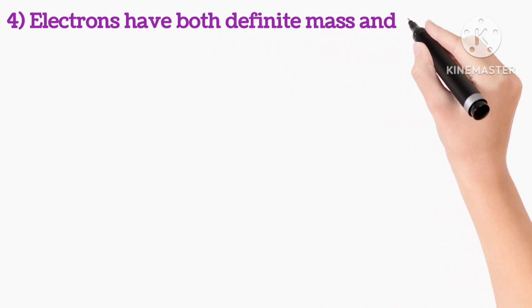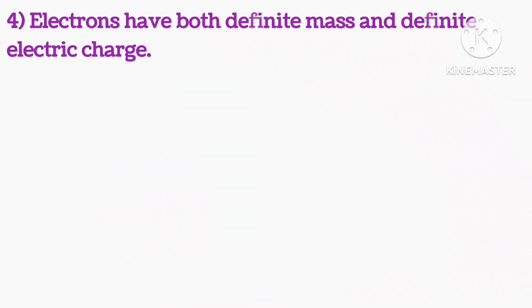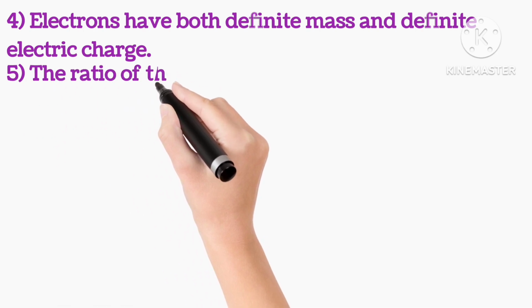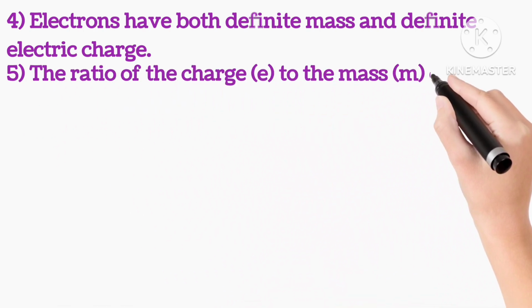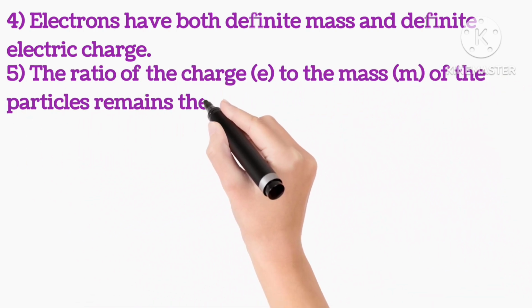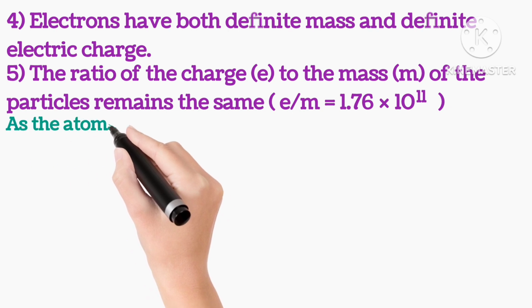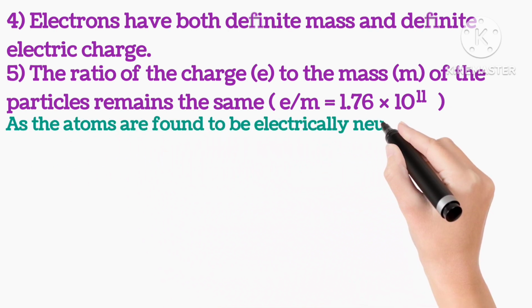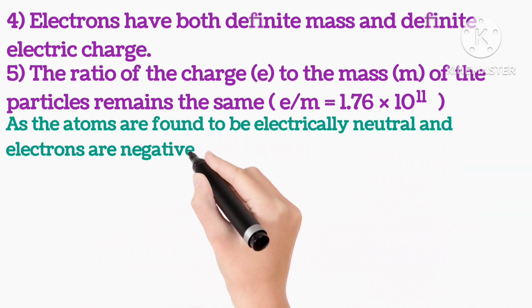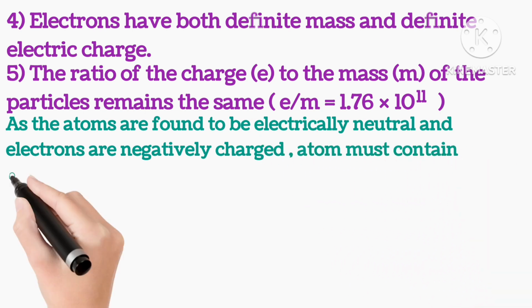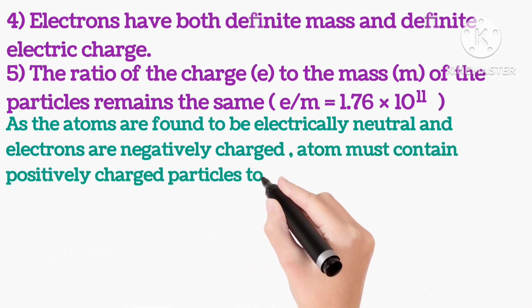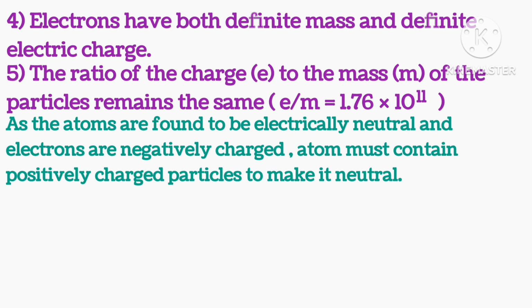Electrons have both definite mass and definite electric charge. The ratio of the charge to the mass of the particles remains the same, that is 1.76 × 10^11. As the atoms are found to be electrically neutral and the electrons are negatively charged, atom must contain some positively charged particle to make it neutral.